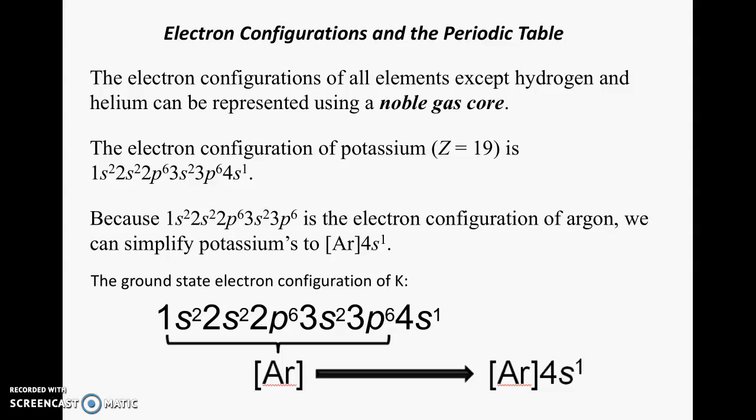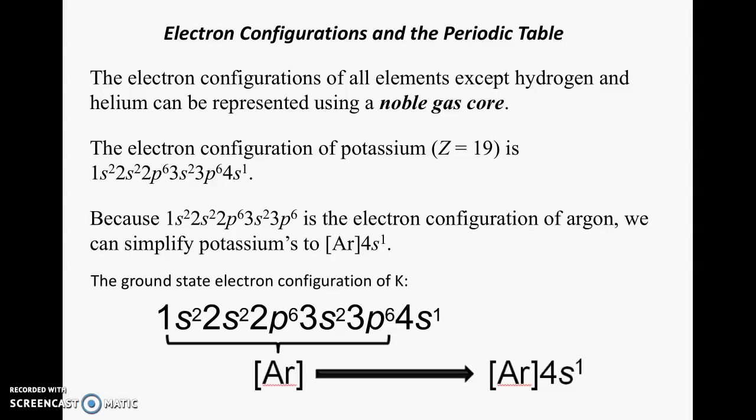One thing you have to realize is that as you go across a row of the periodic table, it always ends with a noble gas. In a noble gas, all the orbitals are filled for that principal quantum number. So instead of writing that configuration where you fill out 1s2, 2s2, 2p6, you can just indicate the noble gas that precedes it.